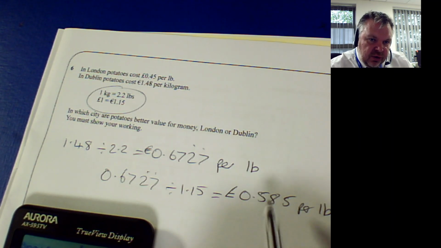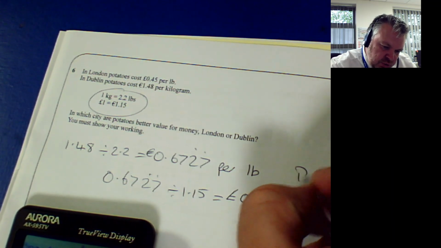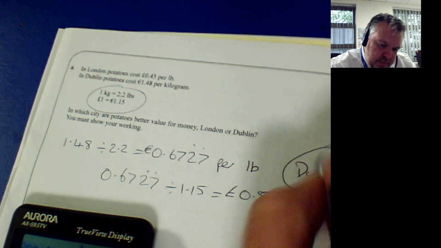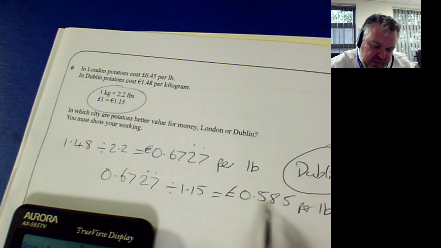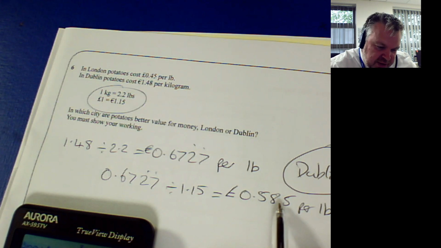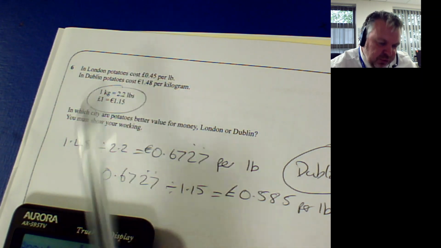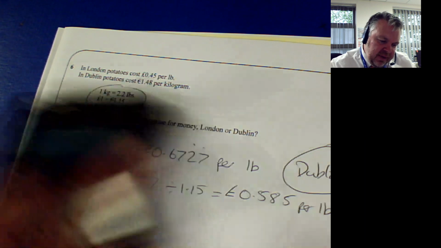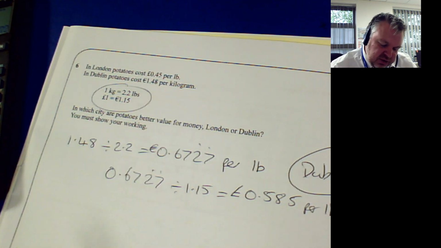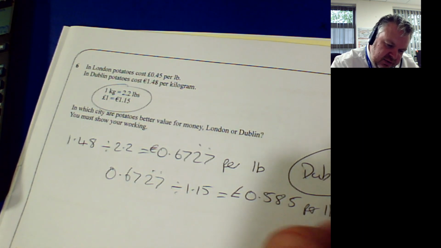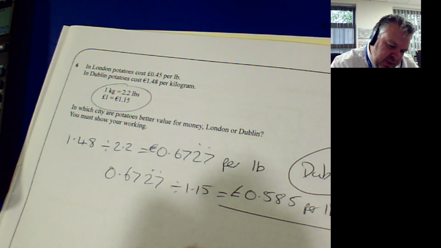So let's have a look. This was all Dublin. So Dublin said it's going to be like 58.5 pence per pound, compared to in London where it's 45 pence per pound. It quite clearly asked me a question. It says I've got to show my working. Okay, so this is the Dublin stuff here.